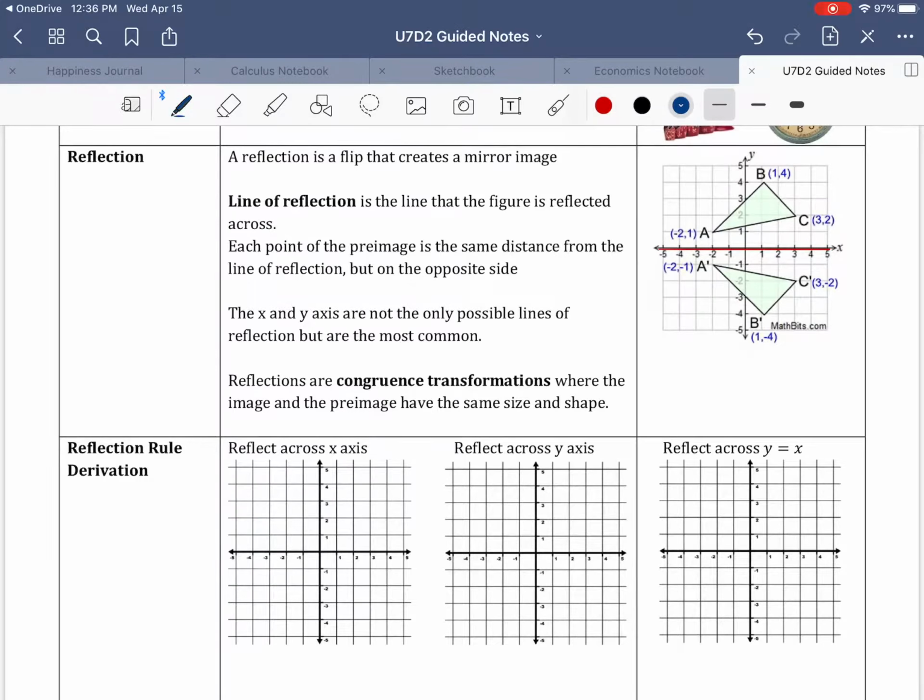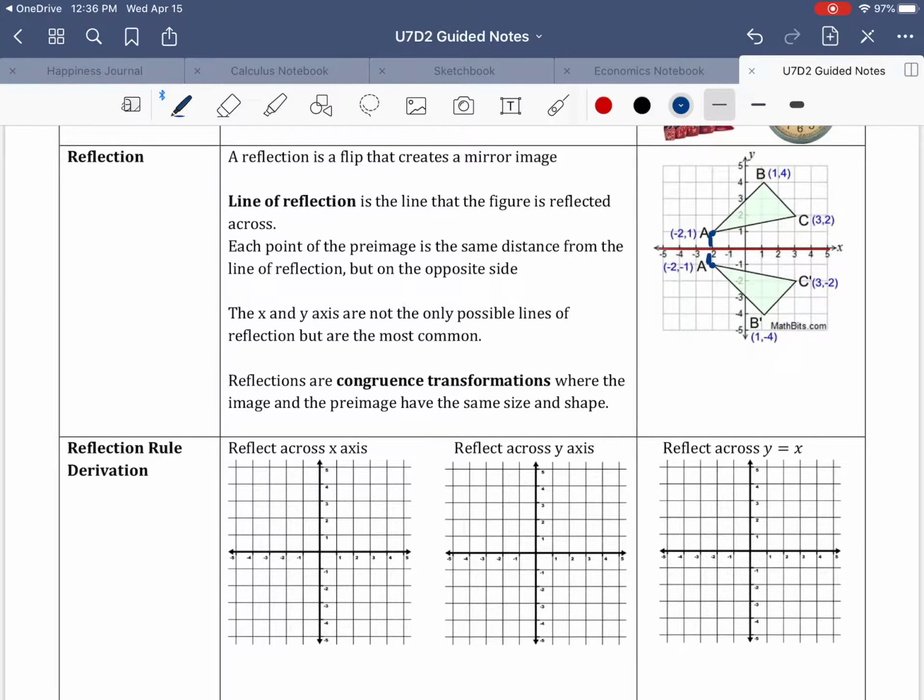Which means if we look at point A and A prime, the distance between A and the line of reflection is the same as the distance between A prime and the line of reflection. And that's the same for every point along our triangle.